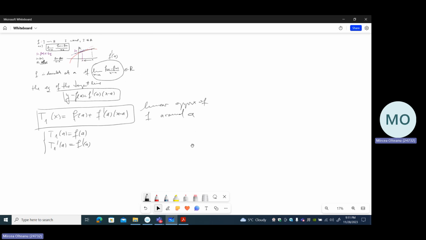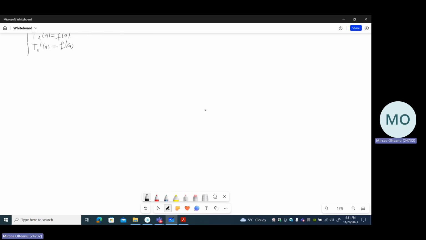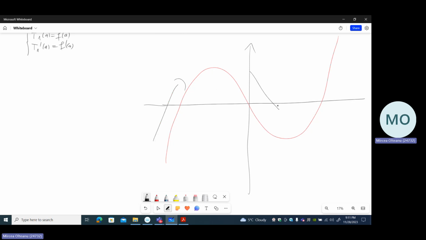Okay, so now the derivative is the most important tool in the study of functions. What do we mean by a study of function? To study a function, of course, if we think of the graph of a function, there are intervals on which the function is increasing, like here, then it is decreasing, then increasing again, and so on. According to this behavior, there are some special points on the graph, for example, this one and this one here, call them x1 and x2.